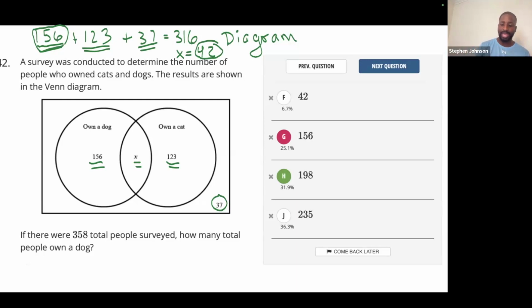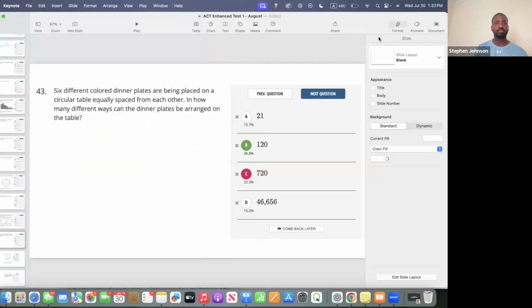So our actual answer here should be the 156 for just dogs plus the 42 owners who have dogs and cats, and that's going to give us 198. And that's why our answer here should be choice H. So again, paying attention to the diagram, making sure you fully understand every bit of what's being said becomes hugely valuable to you on this.